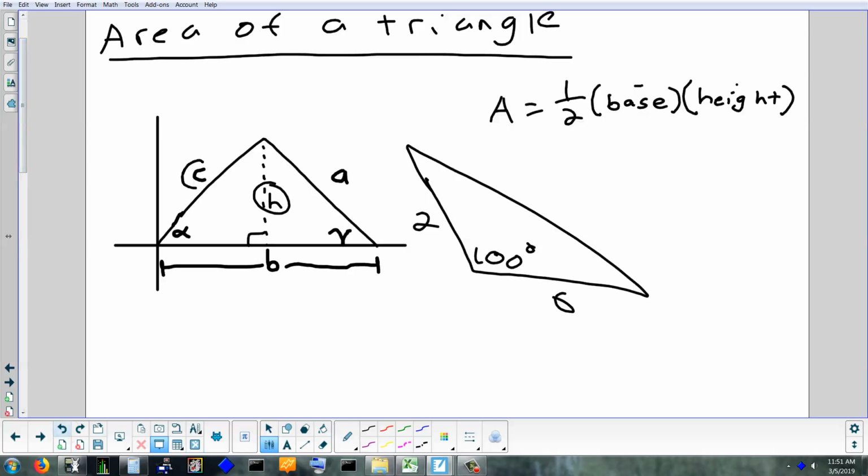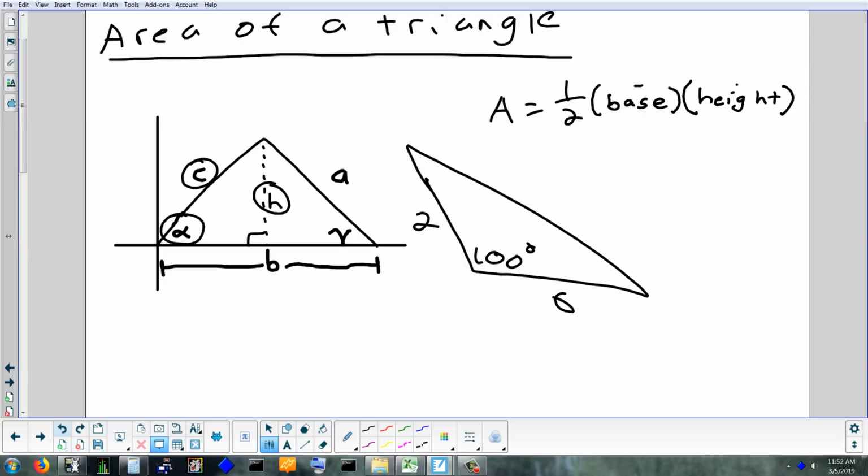If they gave me this and this, what trig function could I use to find the height of this triangle? You only need to use the things that are circled to find the height of that triangle.